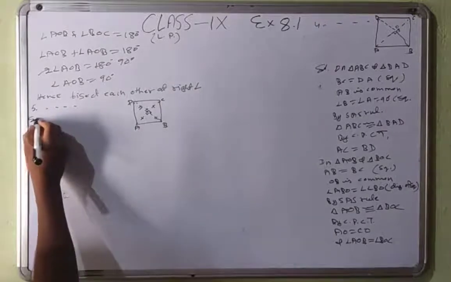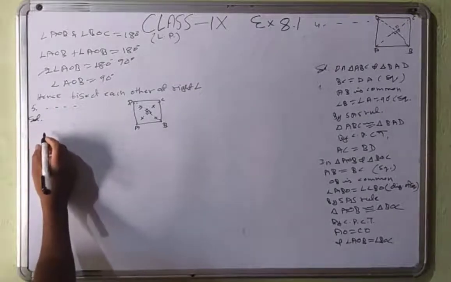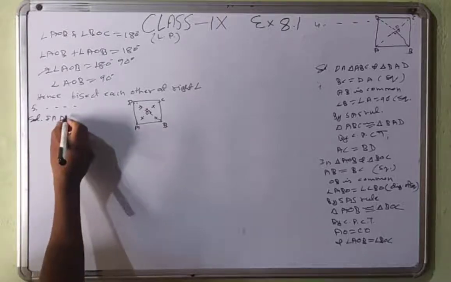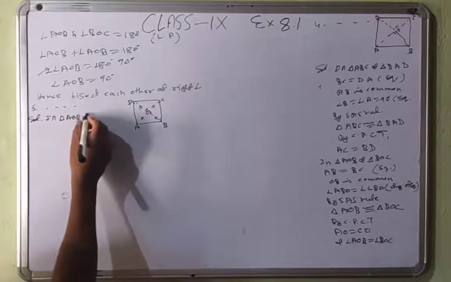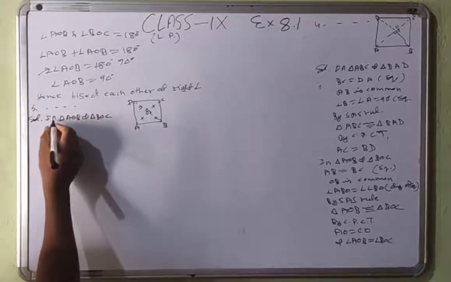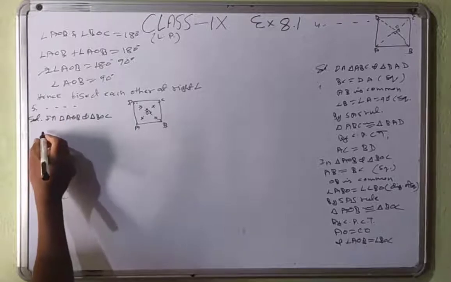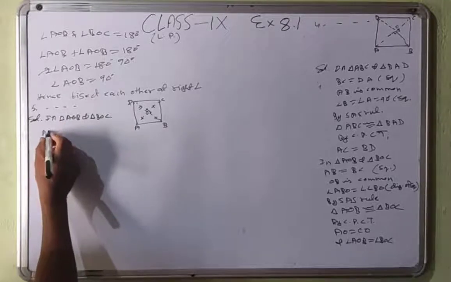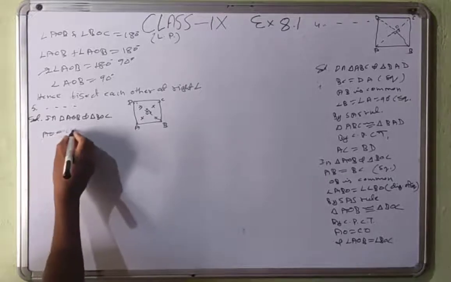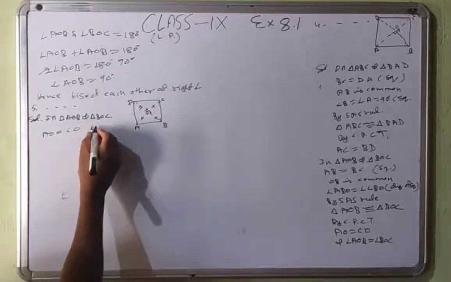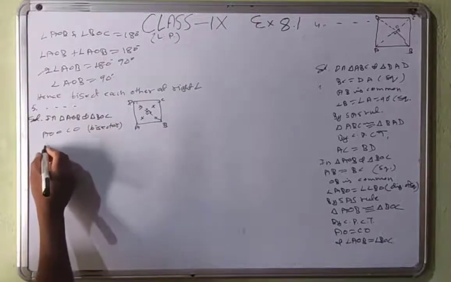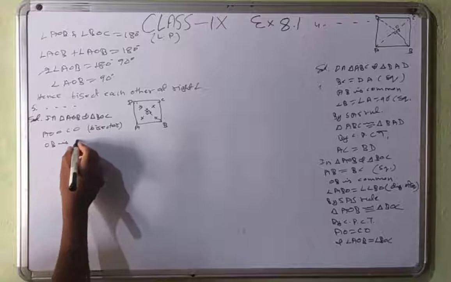So solution: in triangle AOB and triangle BOC, AO is equal to CO, by bisector, that's given. OB is common.